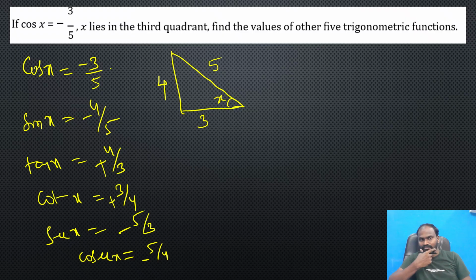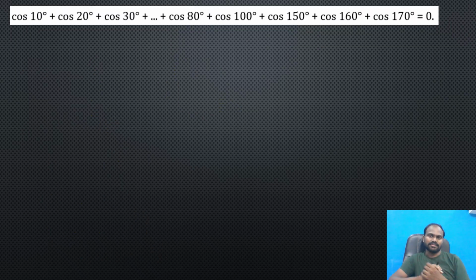Right, students? Okay. Now what about this? Cos 10 plus cos 20 plus cos 30, and so on, plus cos 180. They gave cos 10, cos 20, and so on.